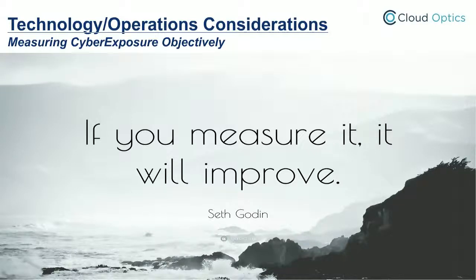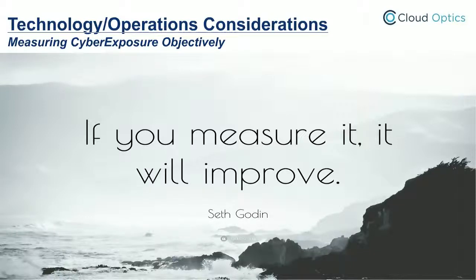Now, measuring cyber exposure objectively. As Seth Godin has said, if you measure it, it will improve. If we put a process in place, try to measure it, and then measure it continuously, then of course we are going to improve it, because there's a feedback loop which we have set up, which is measurement.